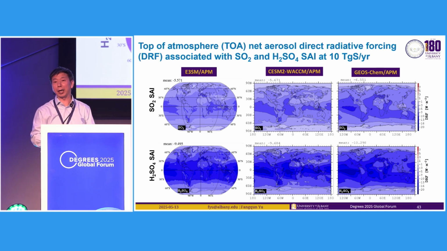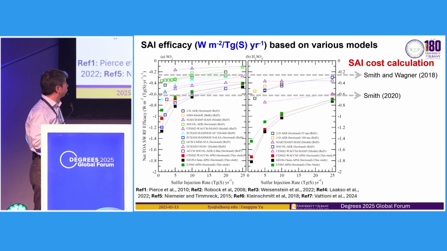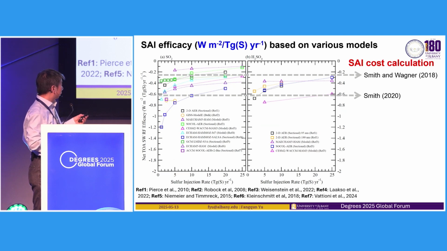How do these compare with previous model estimations? That's what we show here. These are the previous model simulations based on SO2 and sulfuric acid injections. If we add our 3 models, all based on the sectional model, you immediately see the difference.